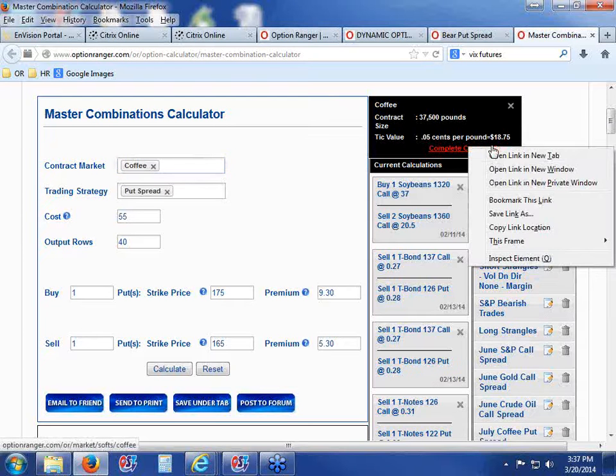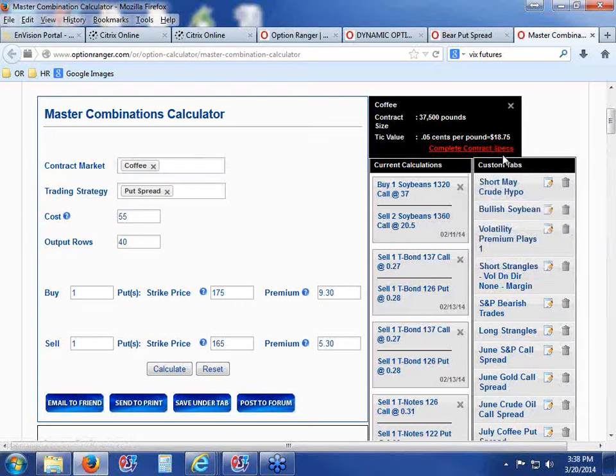So if you have an interest in getting further information on the coffee market, as you can see, there's a dialog box here. It opens up with another helpful link that will take you to the contract specs.